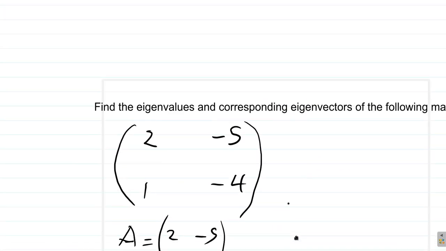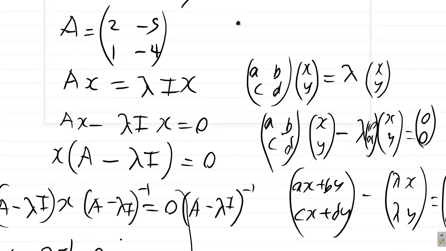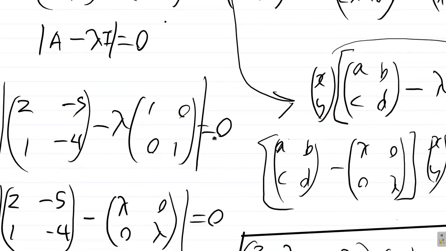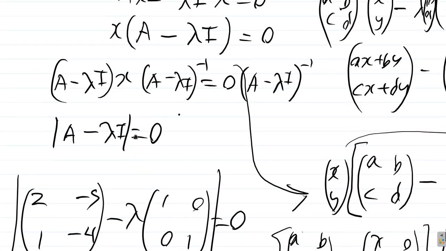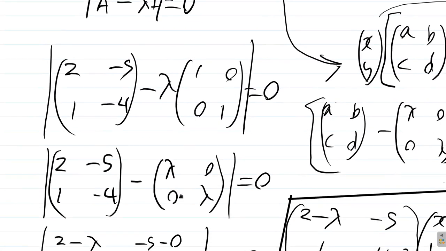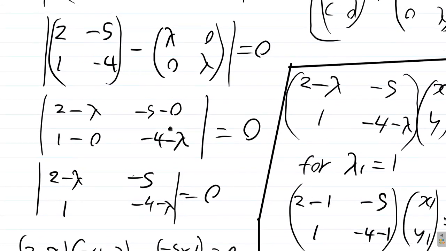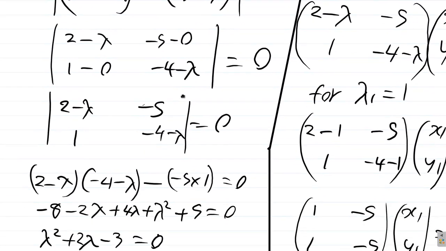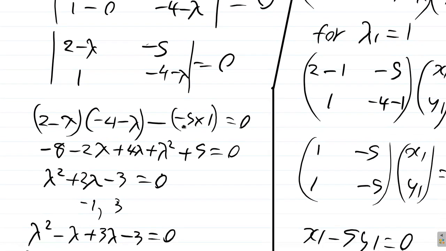So just a quick review. We say 2, negative 5, 1, negative 4. We have it in the form A minus lambda I. The determinant is 0. When we subtract both matrices, we combine them into one matrix, the determinant of which is 0.